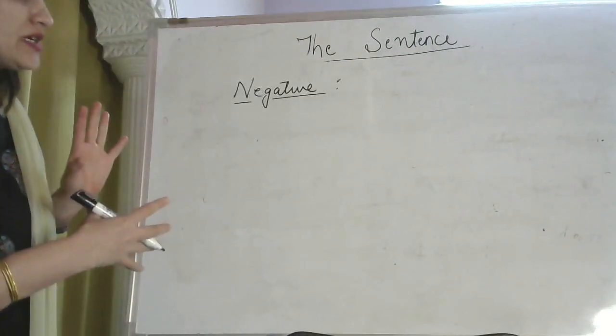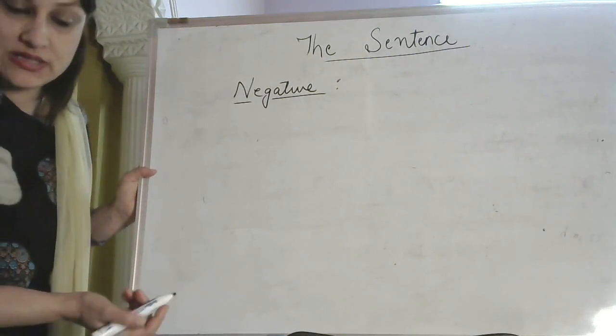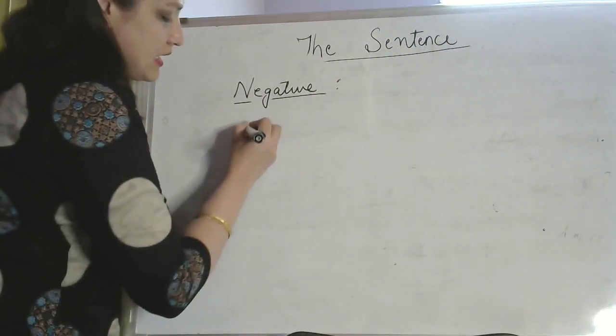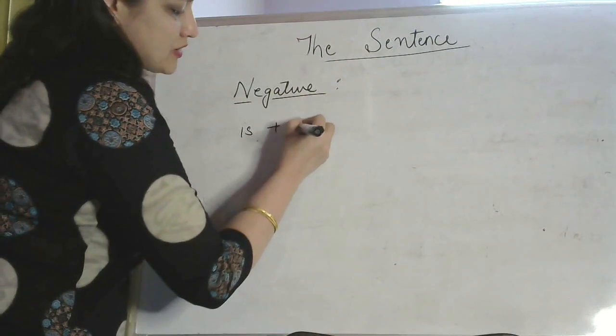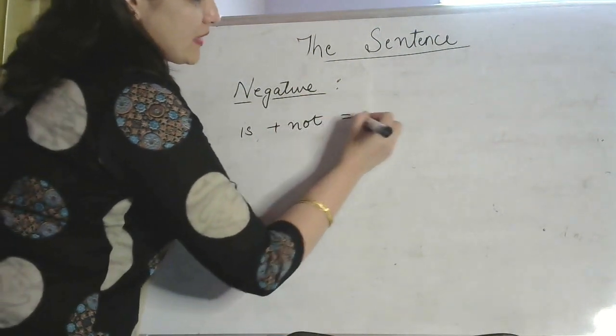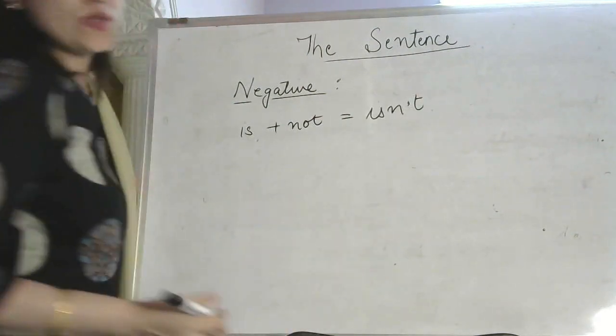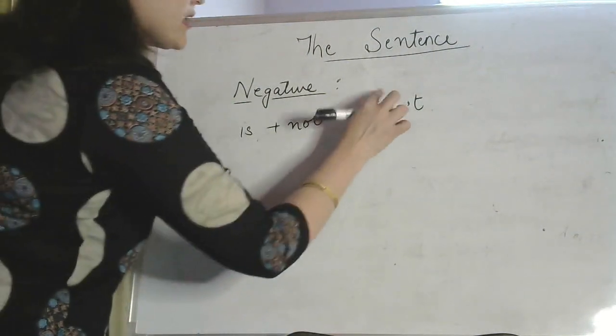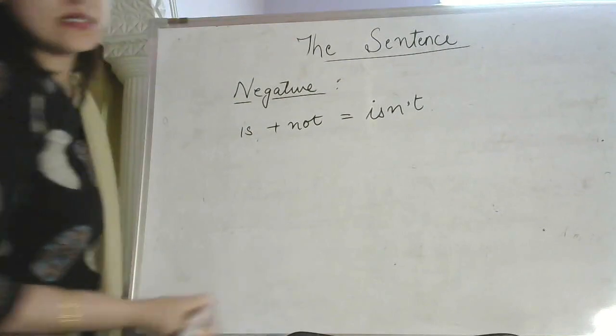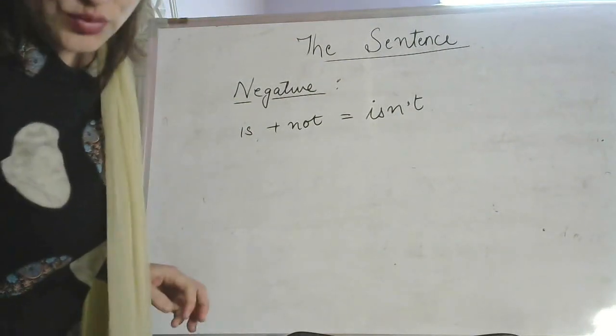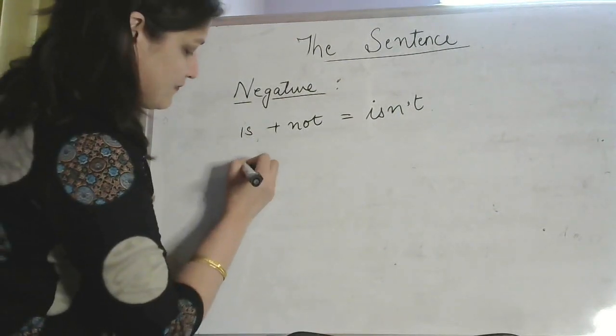When you're changing it into negative, how can we still do it? For example, is plus not is equal to isn't. You must have seen this quite a number of times. Isn't, right? See the next one, are plus not.